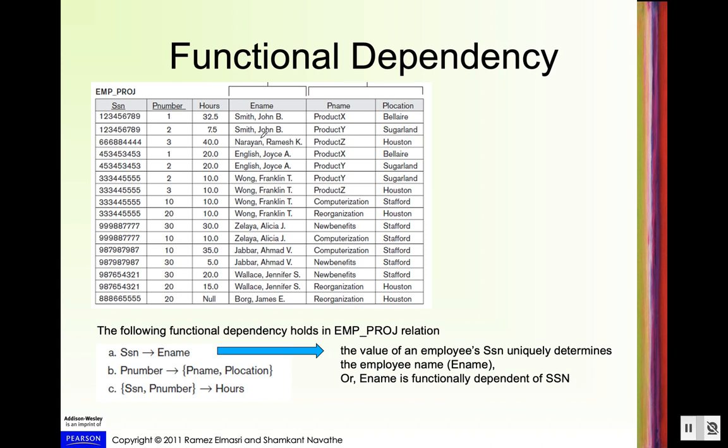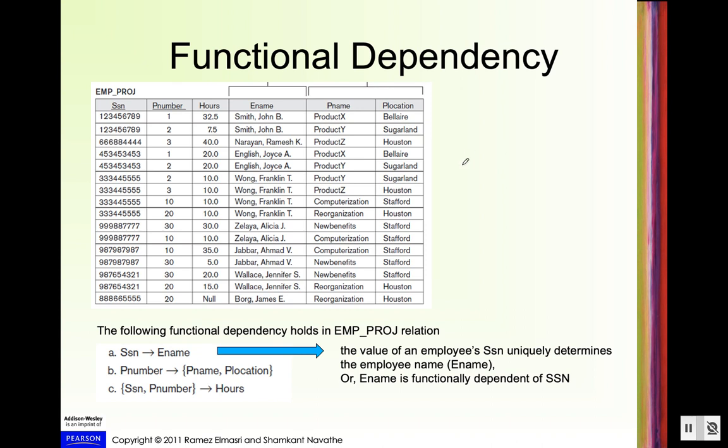If we are going to store all the information of a project, P number is the unique or primary key attribute for the project record. For each project with the same P number, their P name and P location will also be the same. You can see that these two records have P number 1, so their P name and P location must be the same.